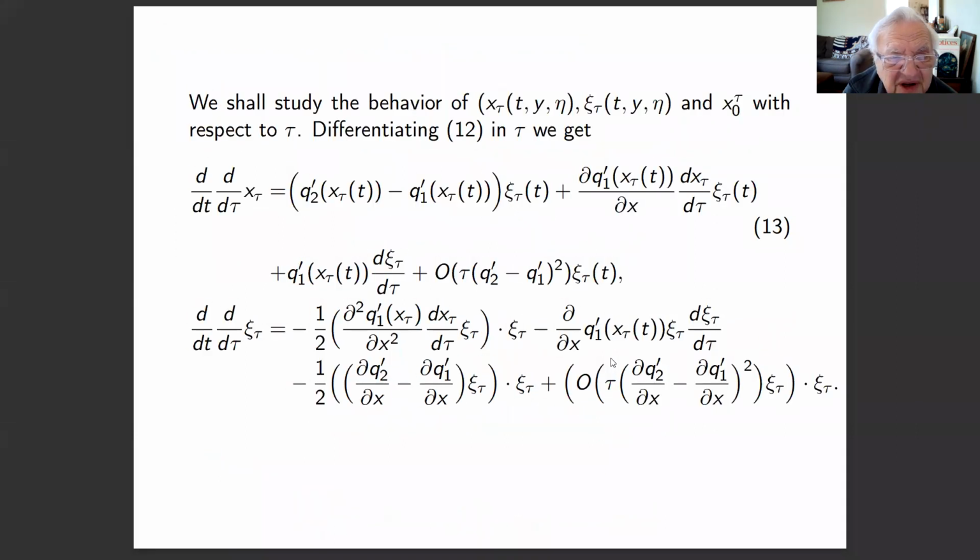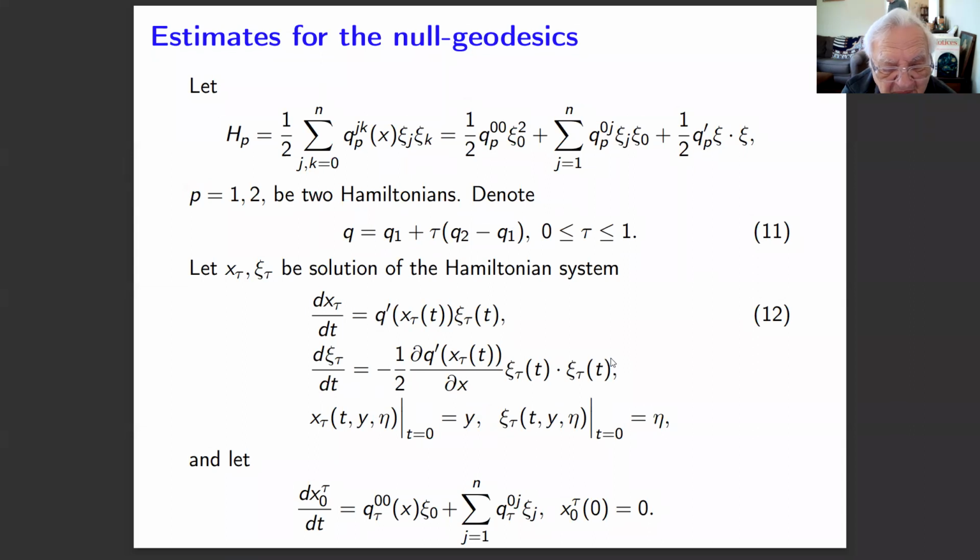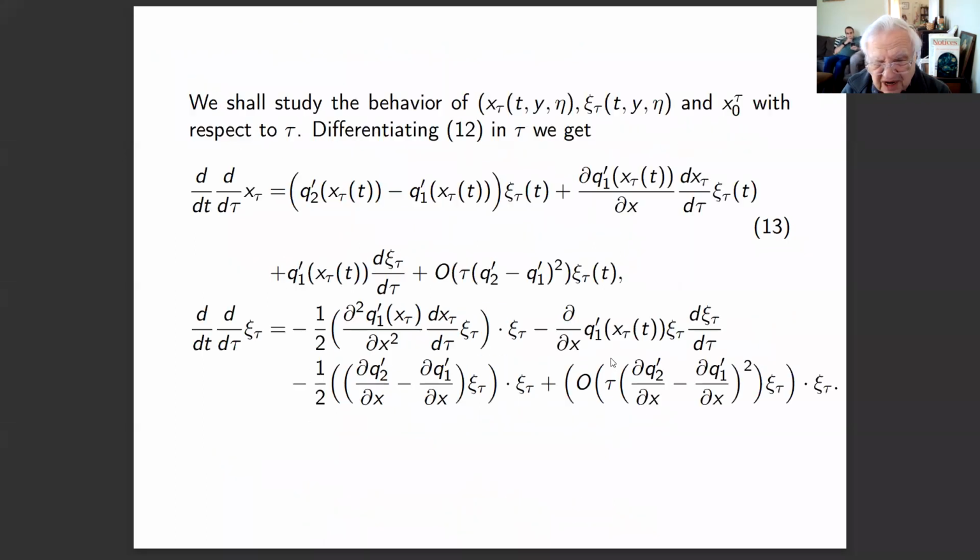I want to remind you that Q prime is the spatial part of the inverse metric tensor. And we also have an equation for the zero coordinate: dx_0/dt equals q_00(tau) plus the sum of q_0j(tau) xi_j, and suppose the initial condition is 0.